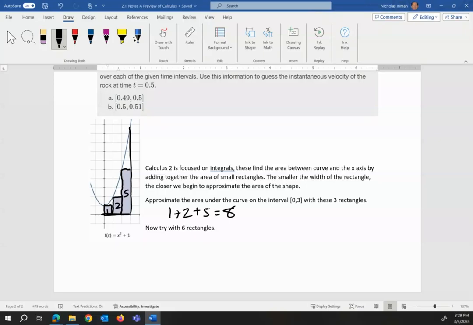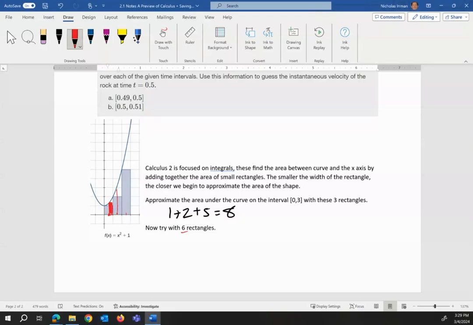Now, clearly, that's not the actual correct area. There's all this missing stuff. So I think the area is actually a little bit more than 8. If we did this instead with 6 rectangles, I'd have to cut each one of these in half. Now go up and I'd hit my graph.